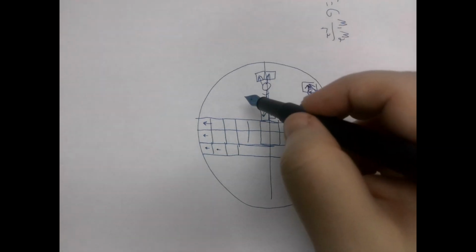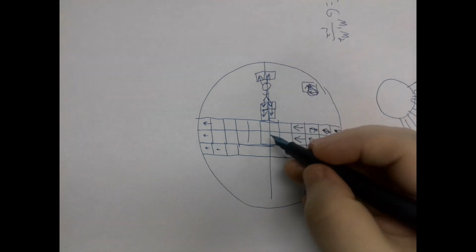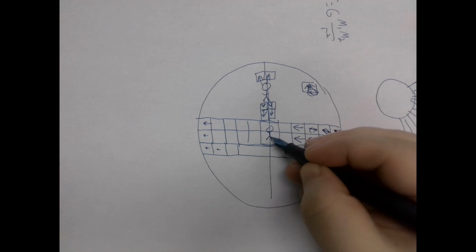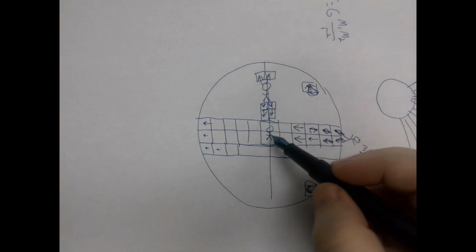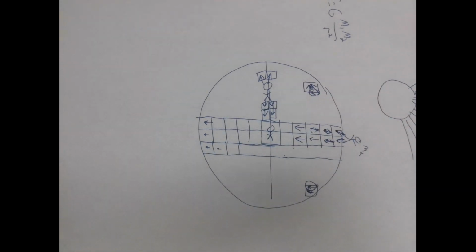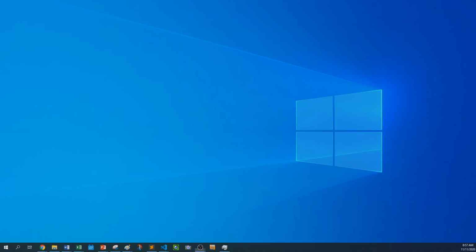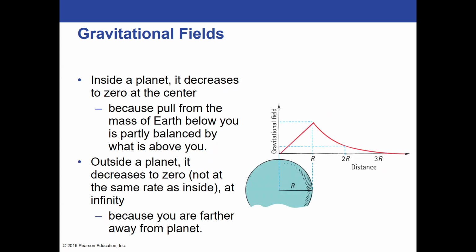So when we go into the Earth, there is the ground pulling you up, and if you were in the very center, then you would have no gravity at all, right? Because all of the mass is pulling you equally in all directions. So inside a planet, it decreases to 0.